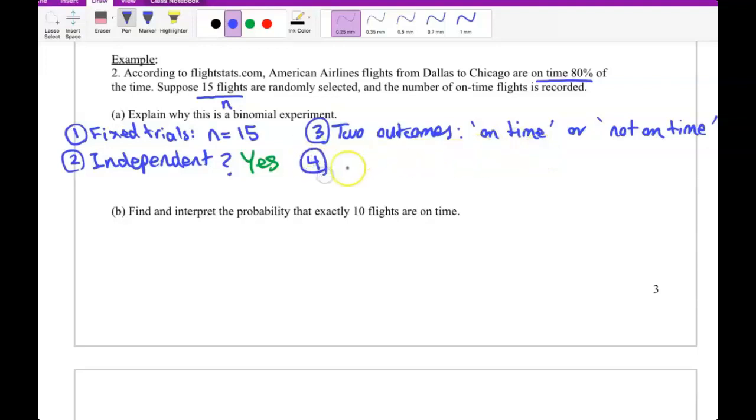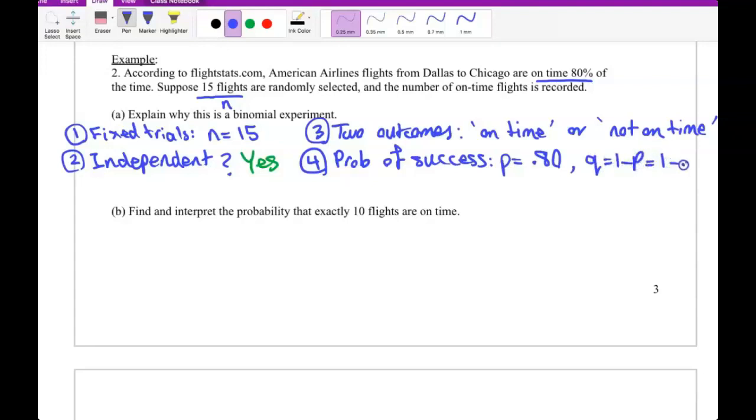Then step 4, probability of success is given as 80%. So p is 80%. And based on that, probability of failure is, okay, q is 1 minus p.